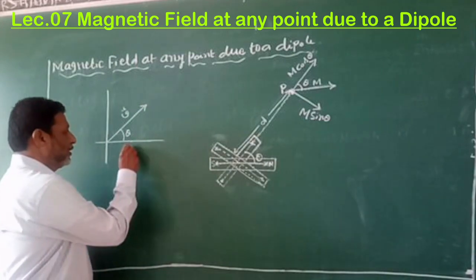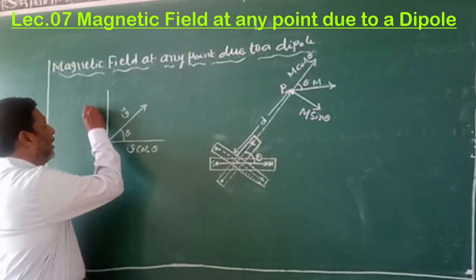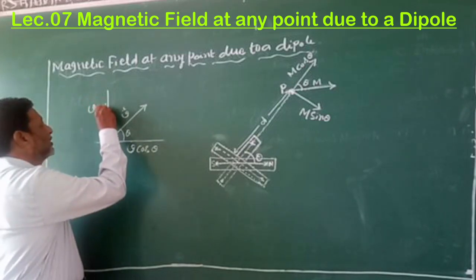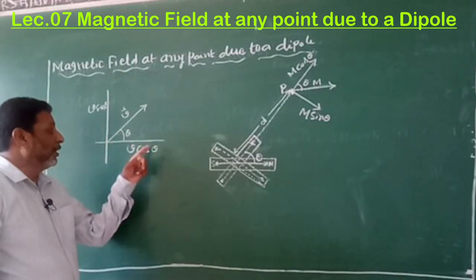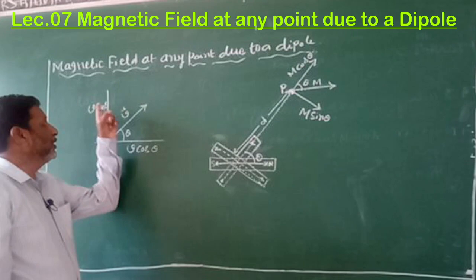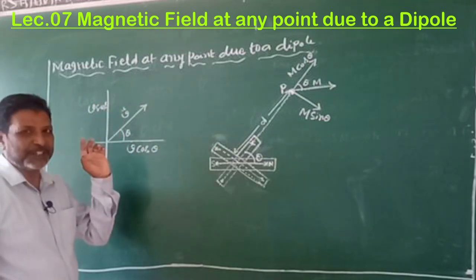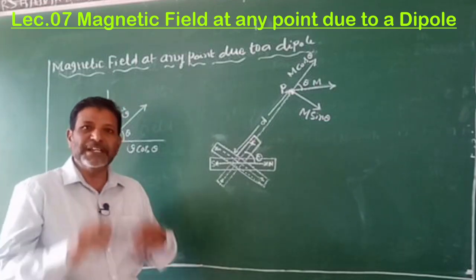The horizontal component value is v cos theta and the vertical component is v sin theta. These two are the rectangular components of this vector, which are perpendicular to each other.